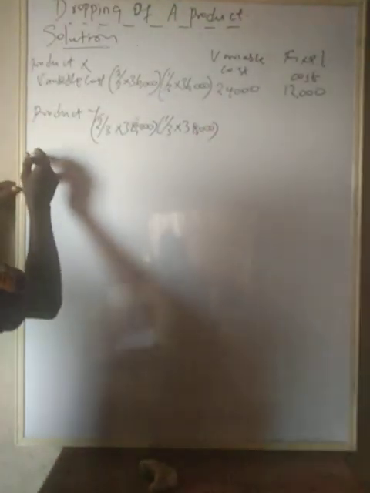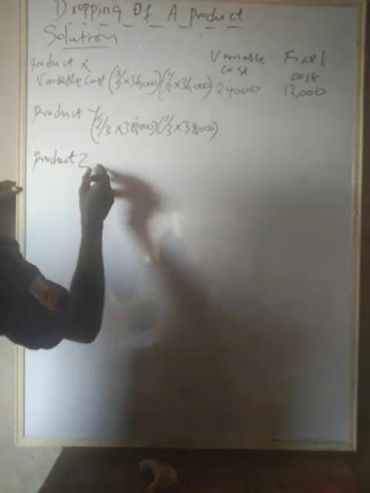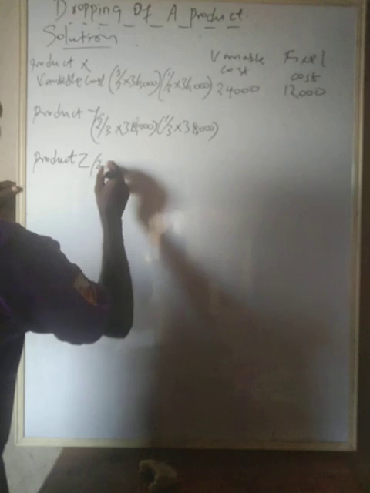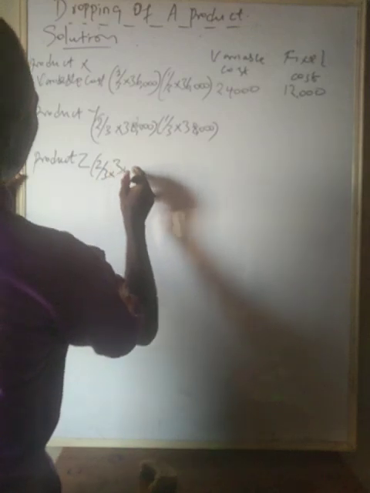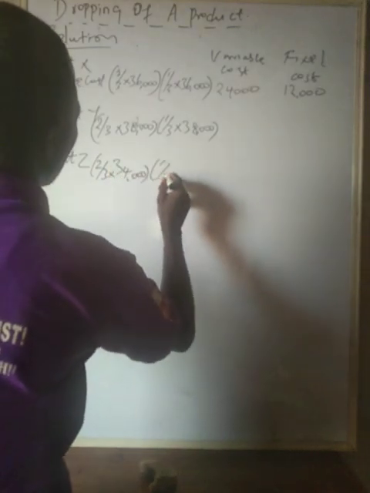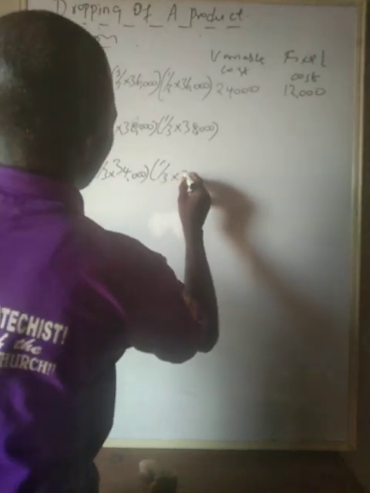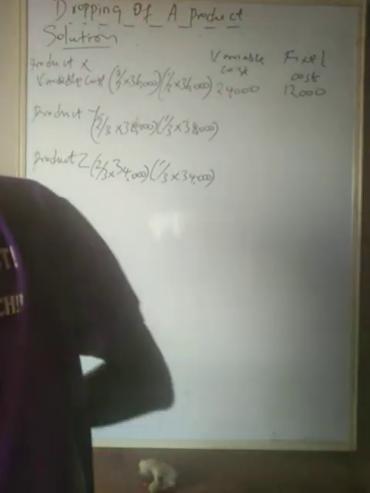While for the product S, 2/3 multiplied by 34,000, and fixed cost is 1/3 multiplied by 34,000.